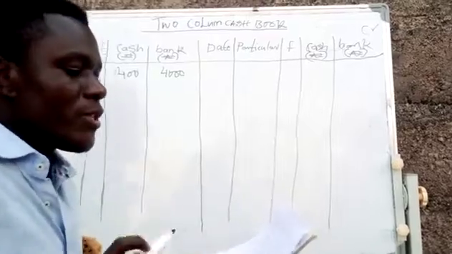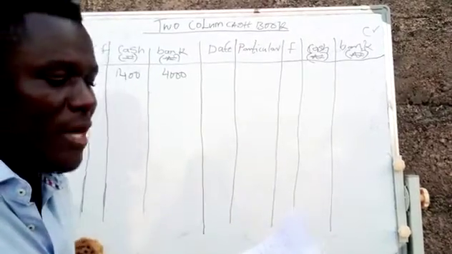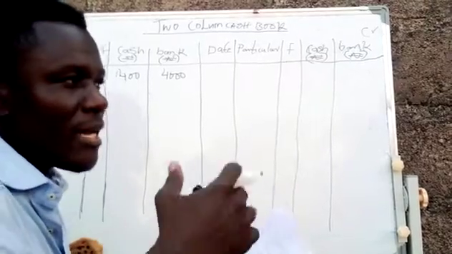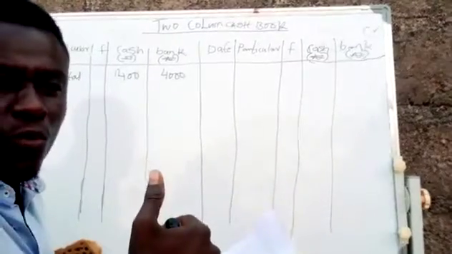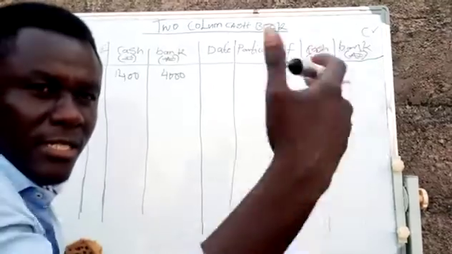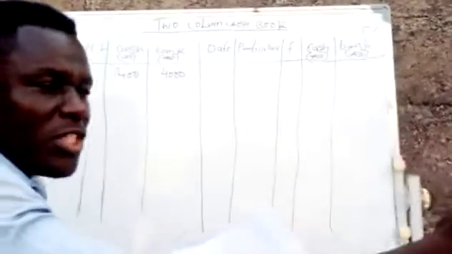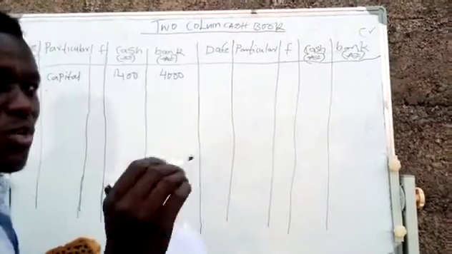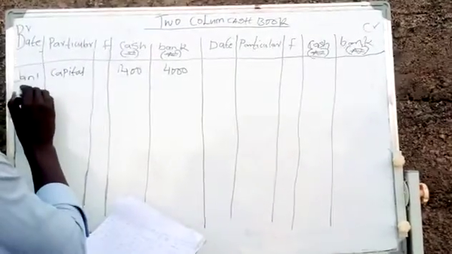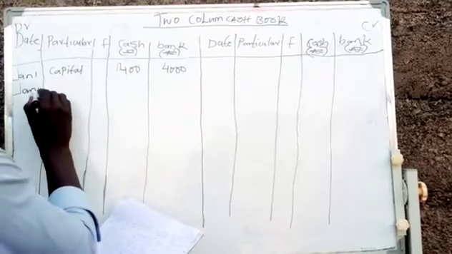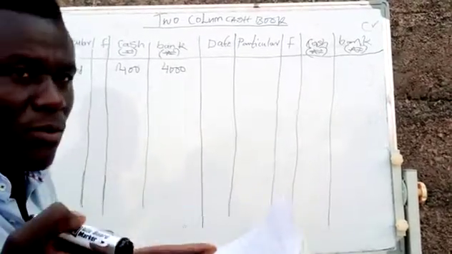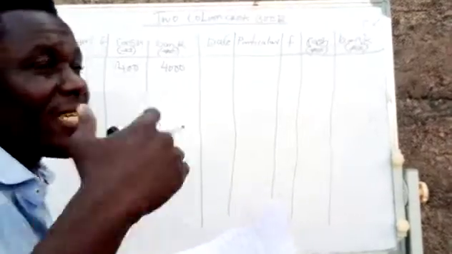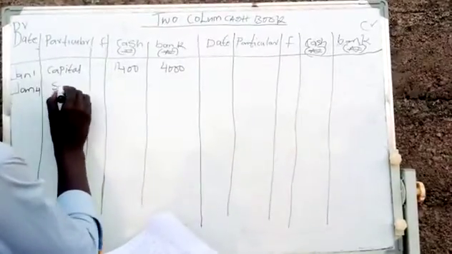Now the next question is on the 4th January we have cash sales, and when we say cash sales, it means it is an inflow, which means the owner of the business has made a sale, so a value or money is coming, which means you're going to put it on the what? On the debit side. So you have January 4th, then the particular is going to be sales, because you have made cash sales.